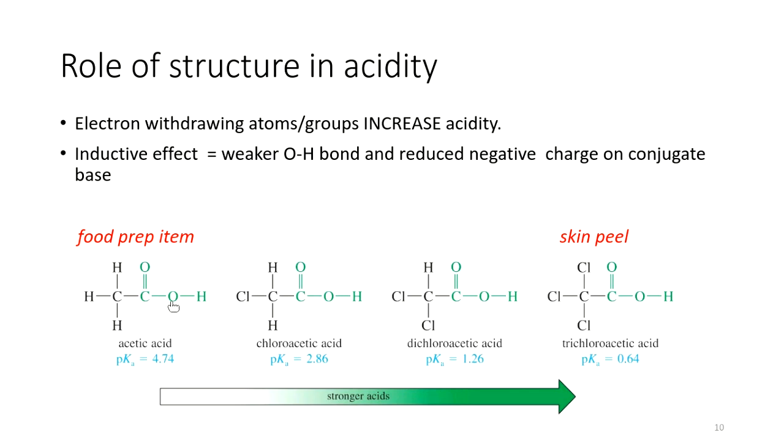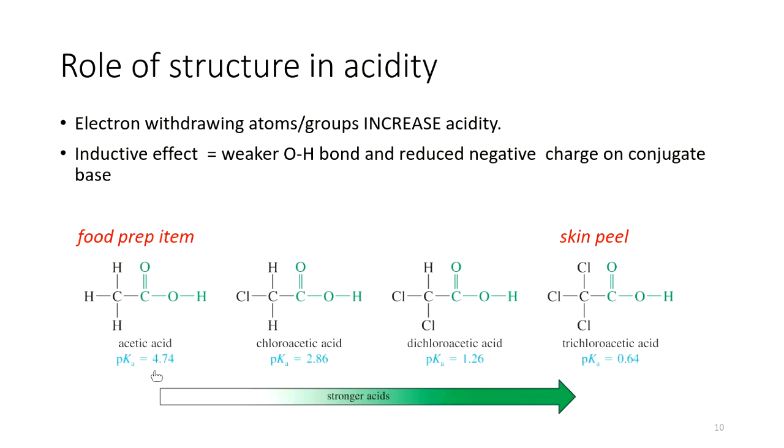But what we want to look at is what is different as we go across, the fact that the pKa is getting lower and lower. That is the part we want to focus on. But yes, you're correct, that is also part of the electron withdrawing effect. So if we look at these acids, we have acetic acid, which we know is vinegar, with a pKa of 4.74, and it's fairly safe to handle.